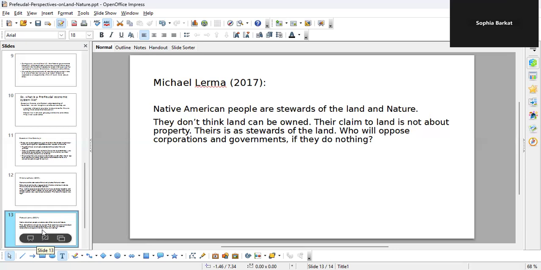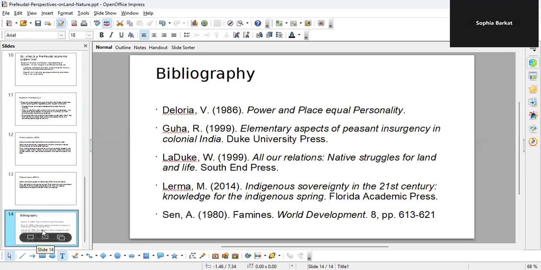So these are some ways of thinking about not just pre-feudal, but also very latest forms of thinking about land and nature. What is our relationship going to be with land and nature?